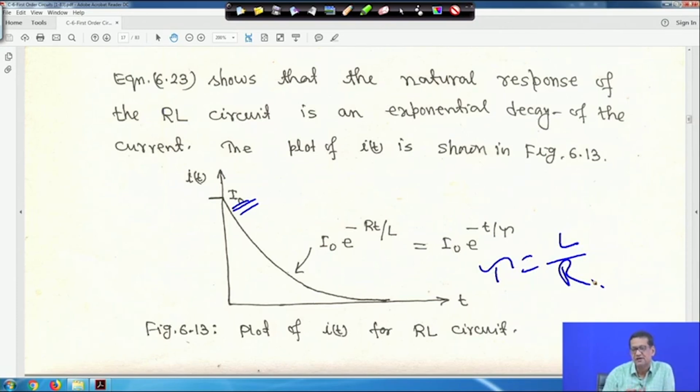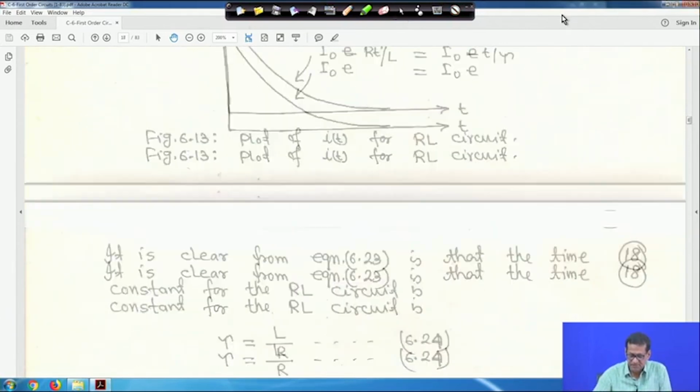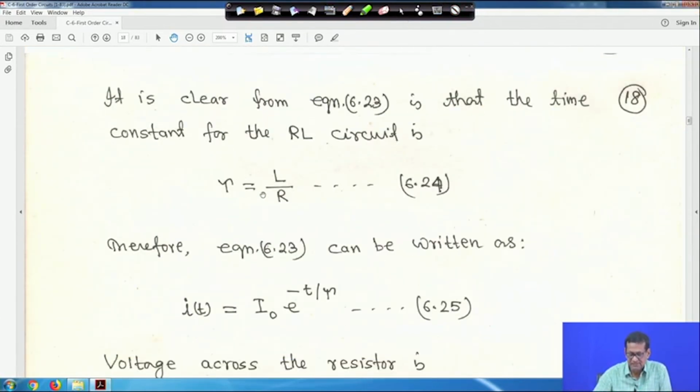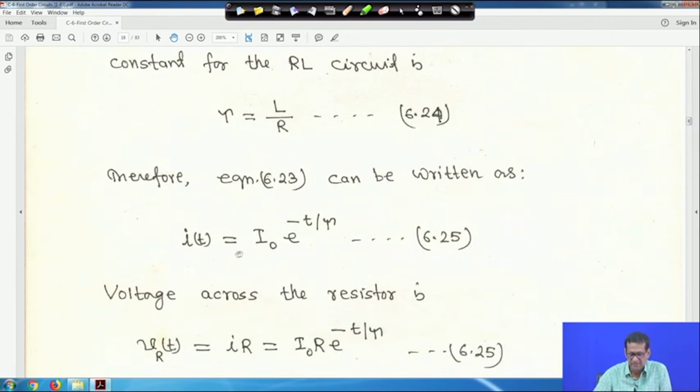So for an RL circuit, the time constant is L by R, whereas for a capacitor circuit it is RC. So this is the plot, and therefore i(t) is equal to I0 e to the power minus t by tau.